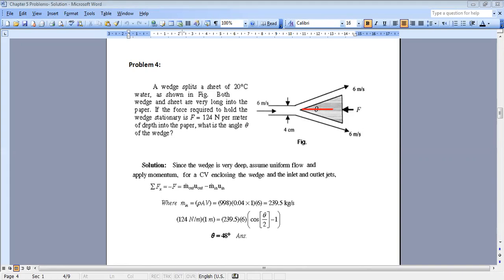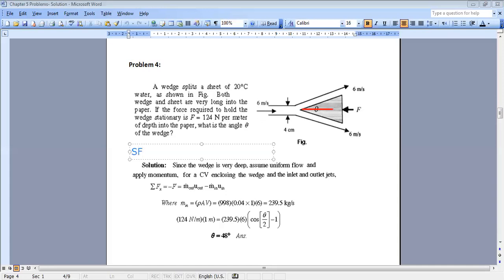The equation you obtain is that sum of forces, and here you can apply it in different directions, in X and Y, etc. But here, as you can see, our interest will be in F, because the force applied is in the horizontal direction.